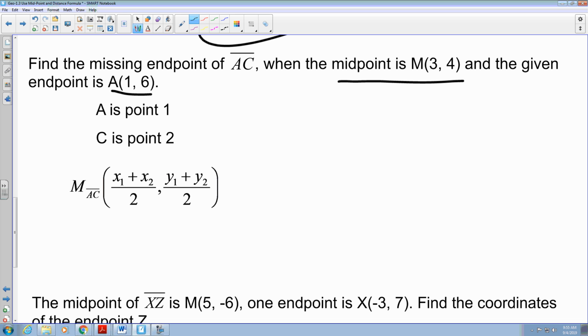So what they're asking for is they want us to find the other endpoint. So in order for us to find the other endpoint, you're going to utilize the midpoint formula, but just in a different way.